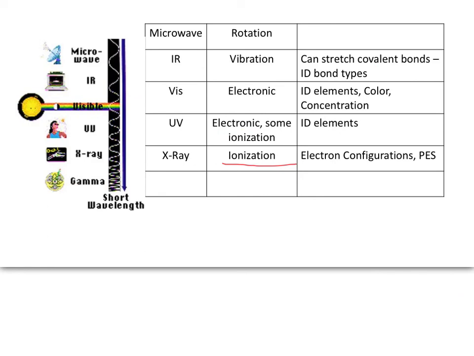We can use X-rays analytically to identify electron configurations. We saw that with PES, where we can get some really good data about the binding energy or how many electrons something has by evaluating it with photoelectron spectroscopy.